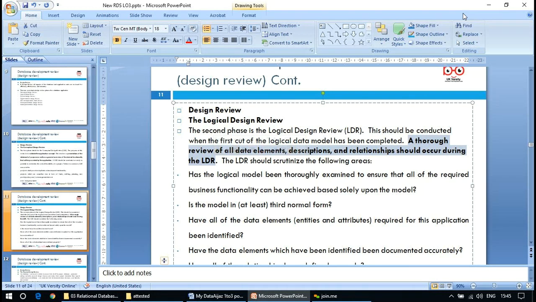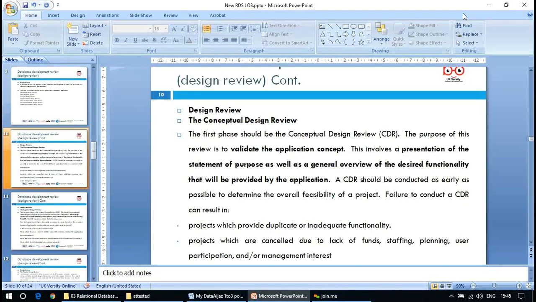Probably you selected 100 tables, but are the 100 tables required? Maybe not. You could reduce it. So all elements and descriptions can be thoroughly reviewed at the logical review.